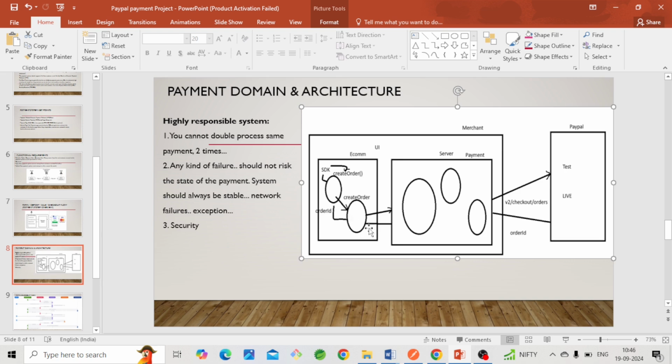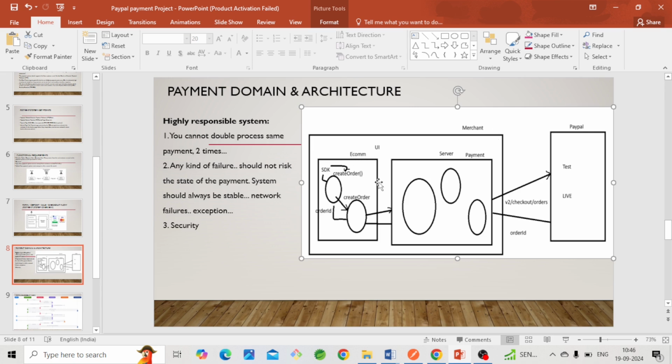Then the e-commerce backend server informs the front end page of the success or failure of the payment process, and the front end page informs the customer. So this is the entire flow. Together, this e-commerce and payment system is called the merchant.